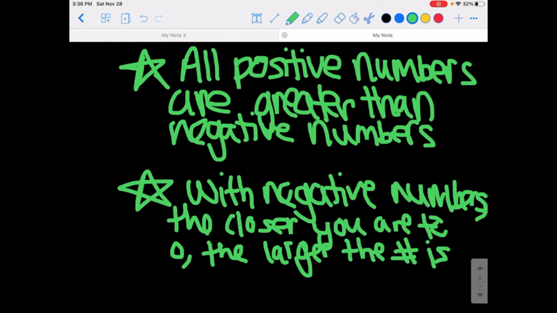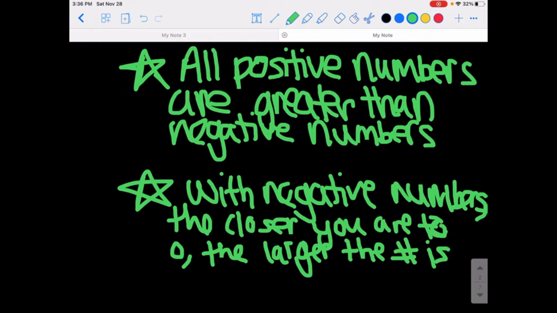Well, this is opposite from positive numbers. With positive numbers, the farther away you are from 0, the larger you are, right? So it's a little bit different with negative numbers, because technically, if you're closer to 0, you're going to become a positive number quicker.